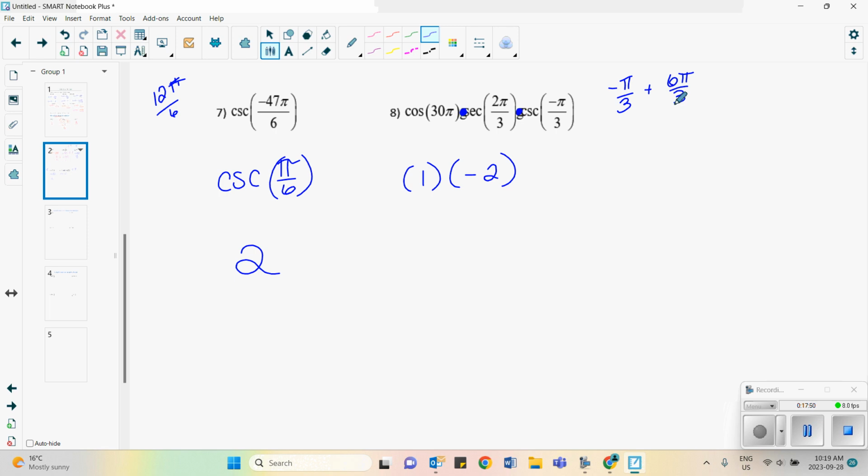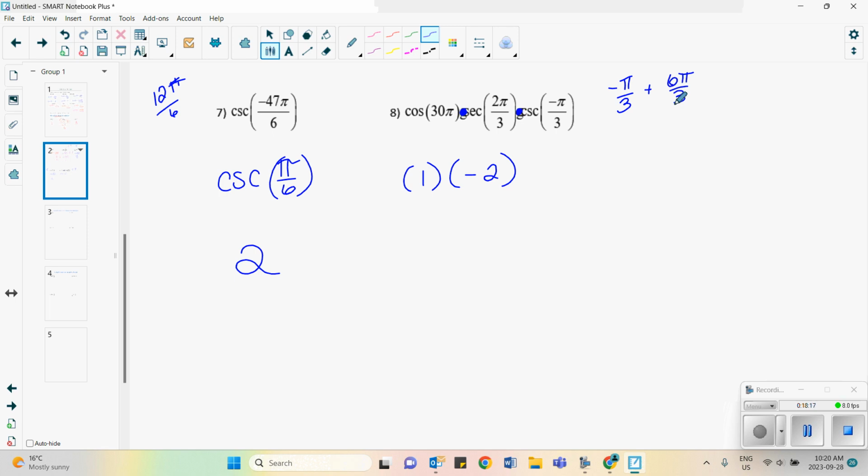So cosecant is related to sine. So what is sine at 5 pi over 3? Find your denominator at 3. This is the coordinate. It's just going to be in quadrant 4 this time.